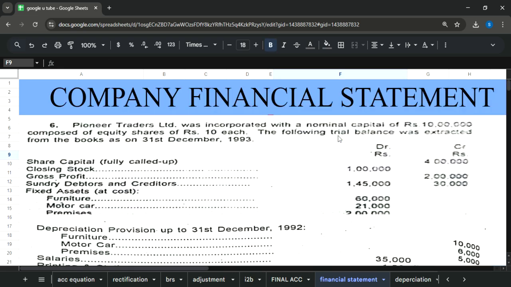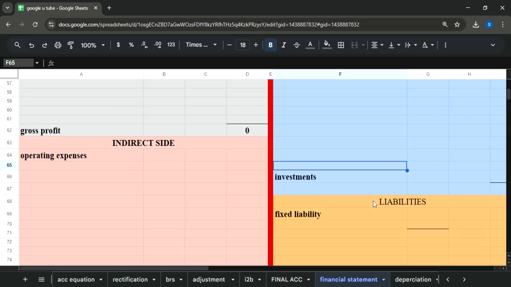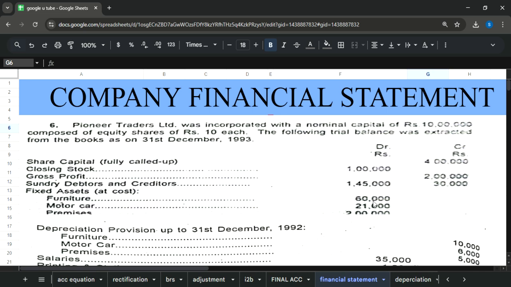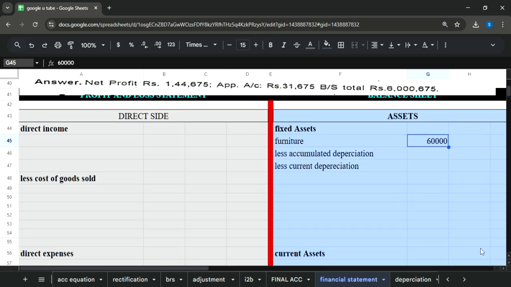First we will see how much amount of furniture is, that is 60,000. So just put 60,000 in front of furniture. The next thing is to see how much accumulated depreciation of previous. Here you can see depreciation and furniture amount is 10,000. So write down 10,000 over here.